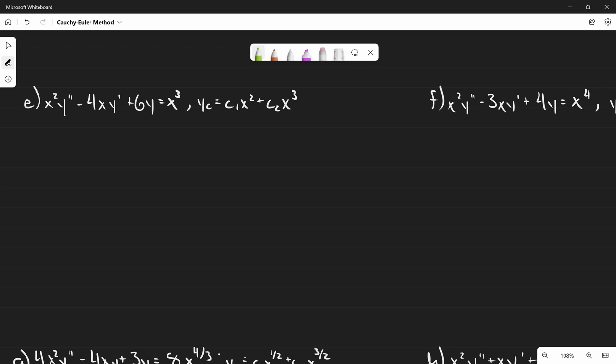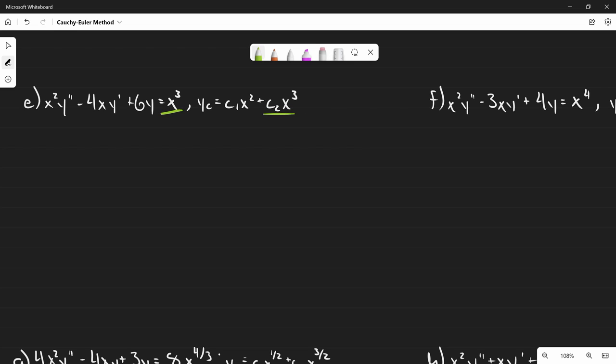And so the first one we're given the ODE x squared y double prime minus 4xy prime plus 6y is equal to x cubed, with the homogeneous portion of the solution being c1 x squared plus c2 x cubed. Right then and there we have our function being x cubed, and it's in the homogeneous portion of the solution.